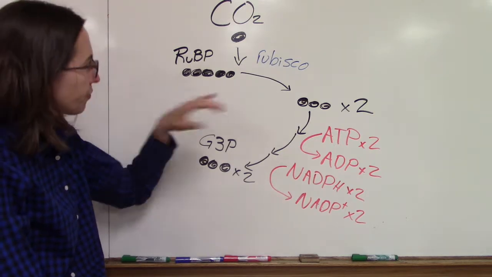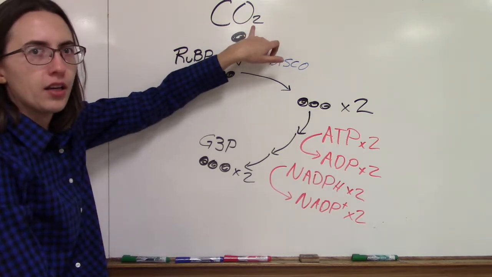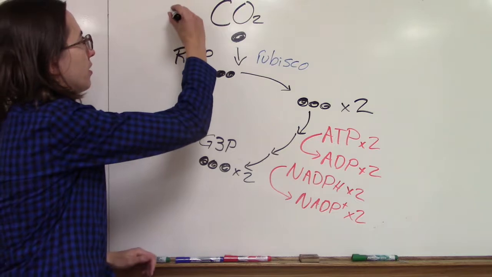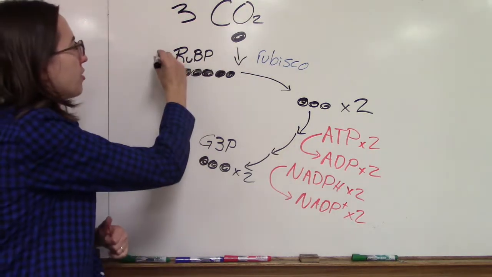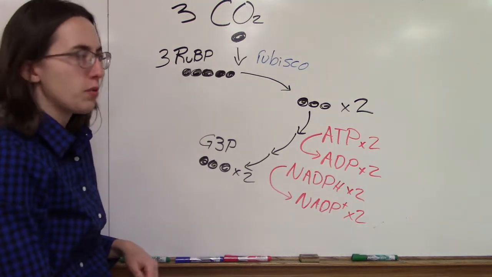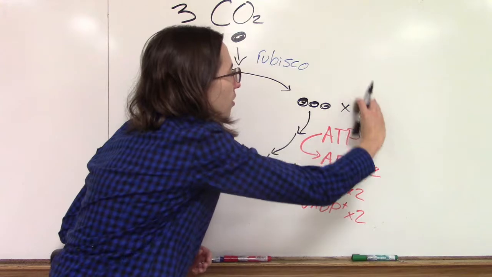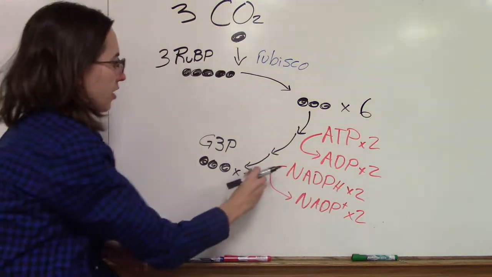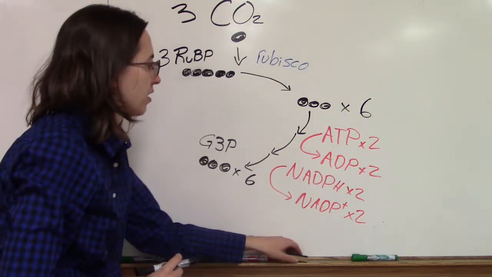So we're not just going to have an input of 1 carbon dioxide. We're going to have an input of 3 carbon dioxides. We're going to add those 3 carbon dioxides to 3 RuBPs, and we get not 2, but 6 3 carbon sugars, and not 2, but 6 G3Ps.